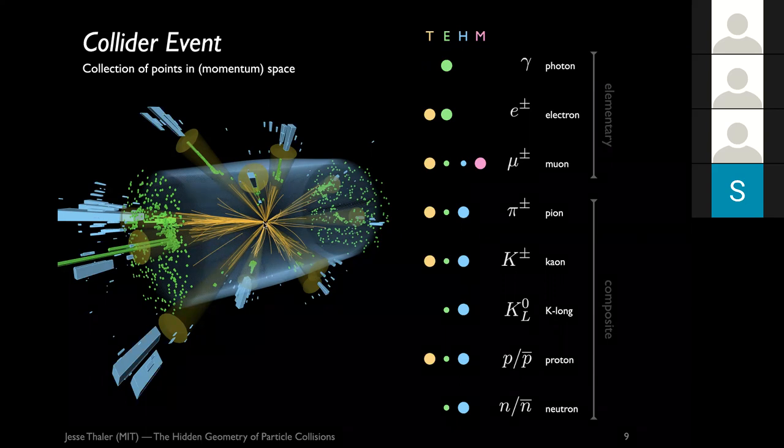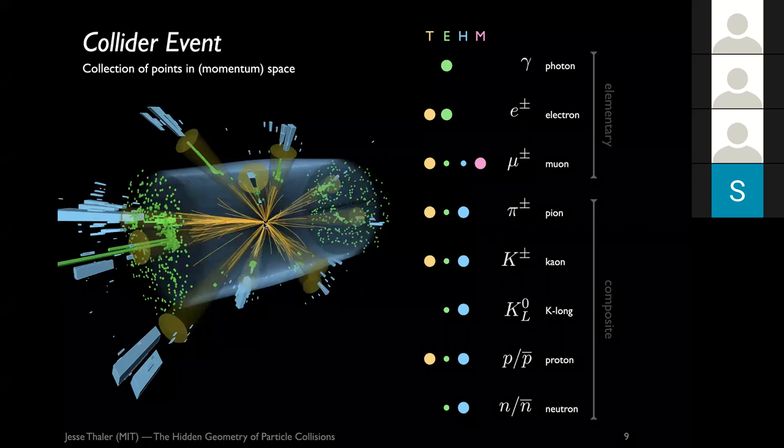What's kind of nice about this data structure, just a collection of points in momentum space, is that this is a data structure that other fields of science have studied a lot. And there are other domains where this notion of points in an abstract, or points in a physical space are relevant.